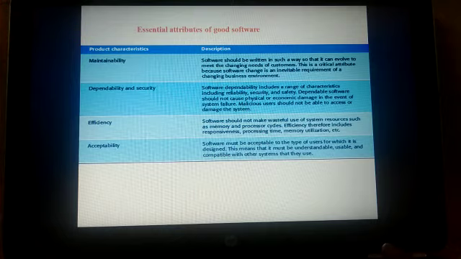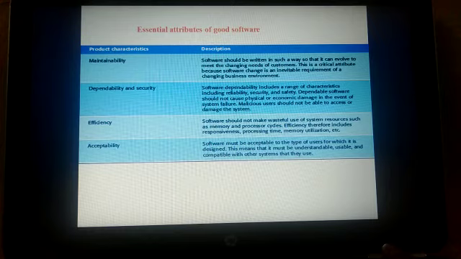Efficiency means software should not make wasteful use of system resources such as memory and processor cycles. Therefore, efficiency is very important, which also covers processing time, memory utilization, etc.